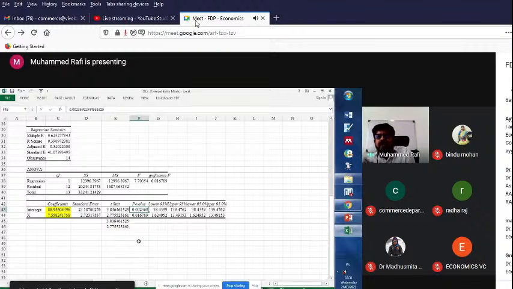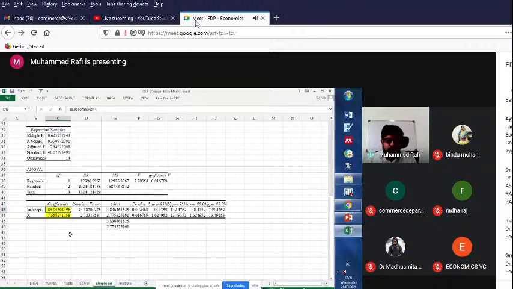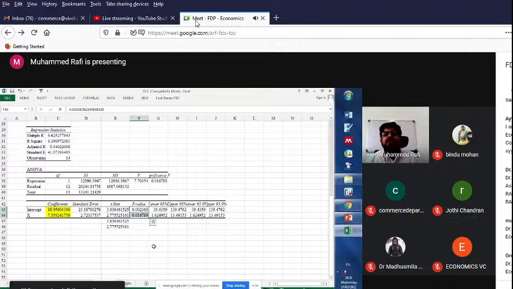You reject the null hypothesis. Here the null hypothesis is that beta 0 is equal to 0 and beta 1 is equal to 0. So in both cases, we reject the null hypothesis and we accept that both of these coefficients are different from 0. So you accept these values.